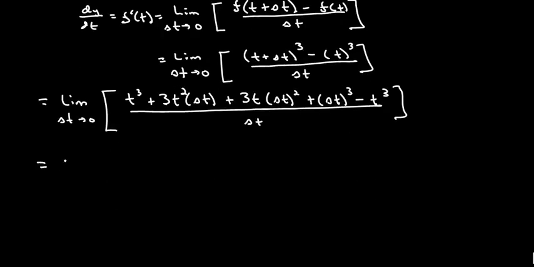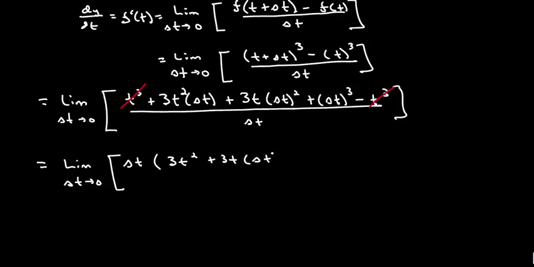So this now is the limit as delta t goes to 0. The t's to the third cancel out. Everything left should have a delta t in it, so I'm going to factor that out. So it's 3t squared plus 3t delta t plus delta t squared over delta t.